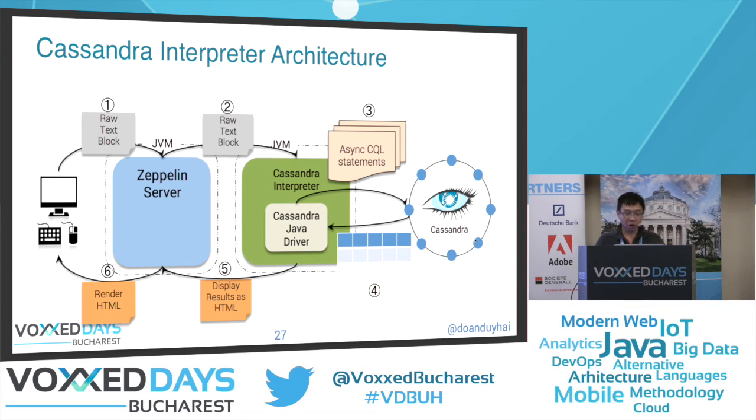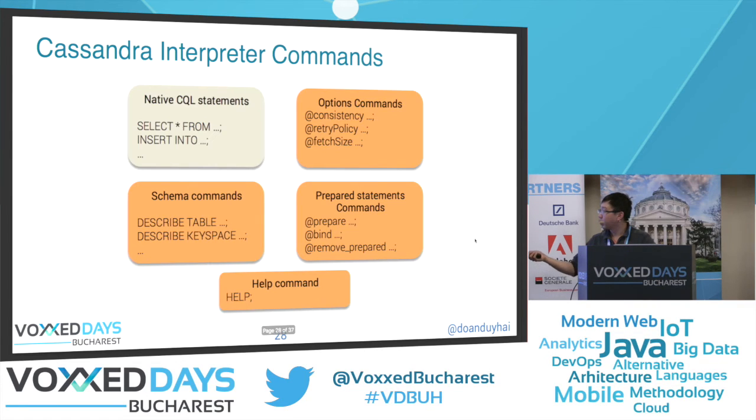So the job of the interpreter here is to split every statement individually and to execute each of them against a Cassandra cluster. The Cassandra cluster will reply with a result. If you have an insert, you don't have any result back. If you have a select, you will have a table of data back. And then the job of the interpreter is again to format this table properly and to return the result to the web page.